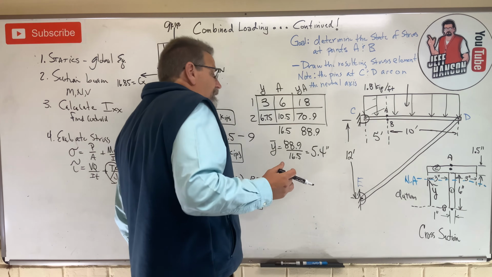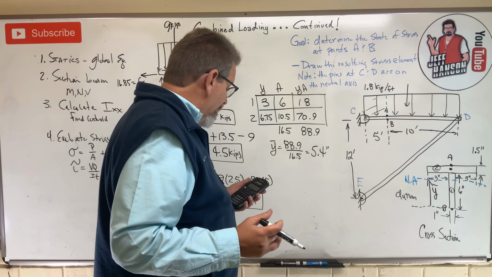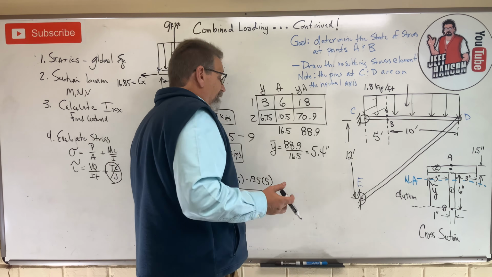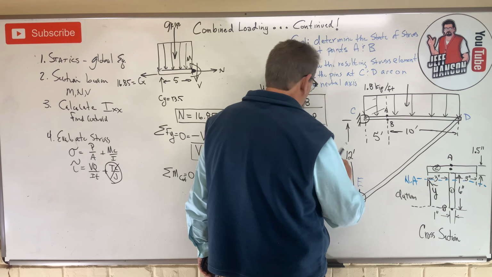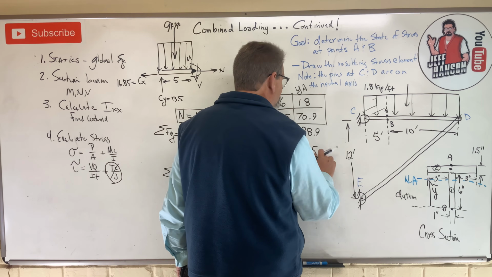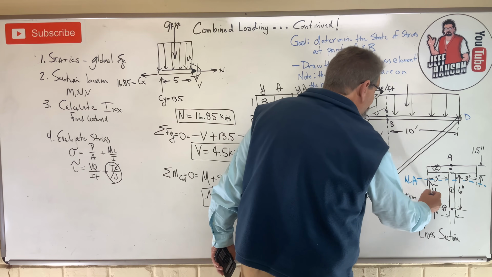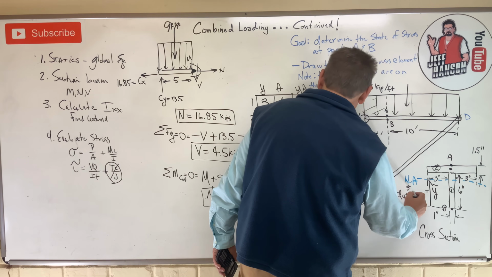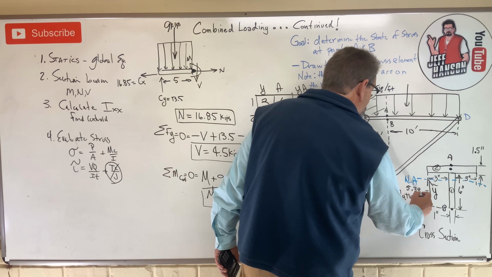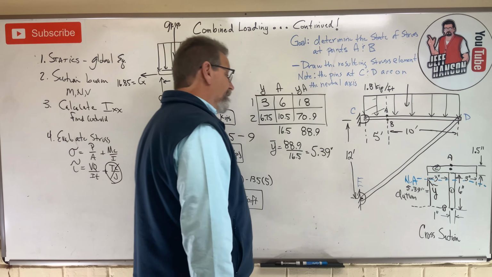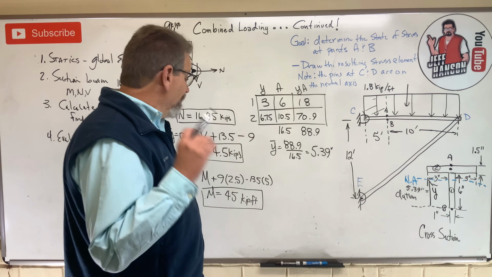So much rounding here, Dr. Hanson. It's 5.3875, okay, give me a break. We'll call it 5.39. All right, you talked me into it. So this Y bar right here is 5.39 inches. All right, so let's calculate I.